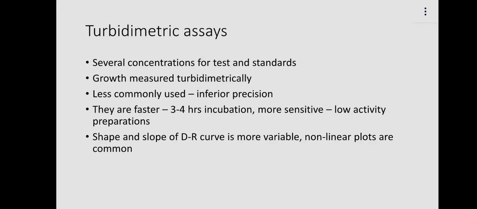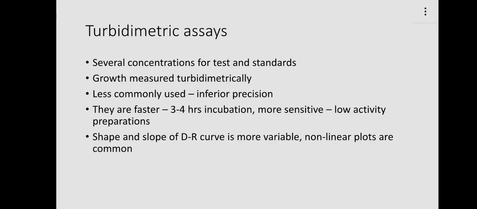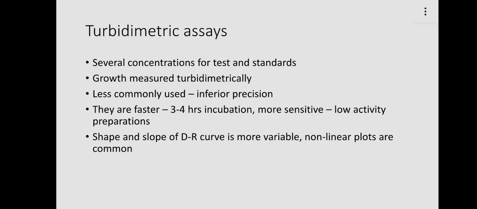So a shaker would be required to do this practical, requiring only about 3 to 4 hours. And because of the rapid growth of microorganisms, they tend to be more sensitive.